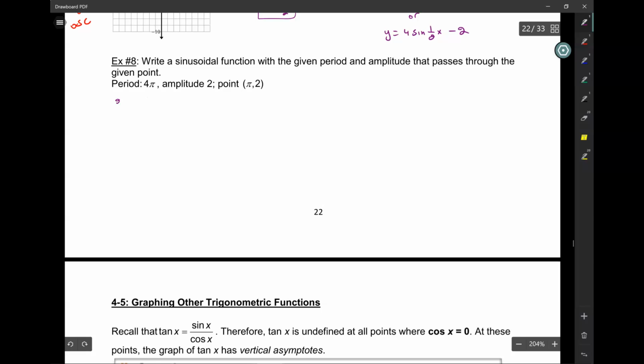Now look, we can find B. When you do 2 pi over b equals 4 pi, because you're not given the graph, you don't know what the orientation looks like, you need to put b in absolute value.